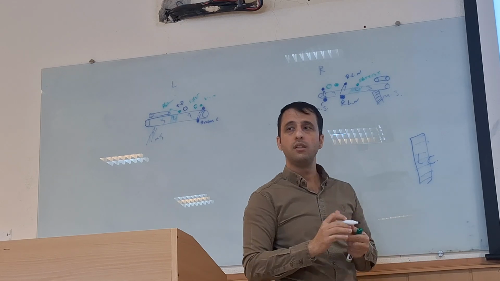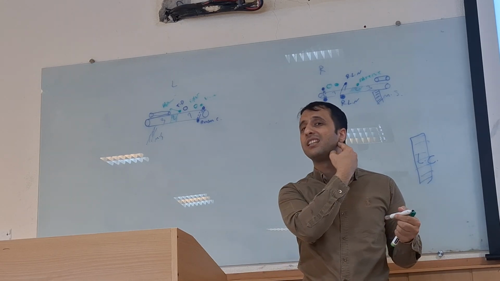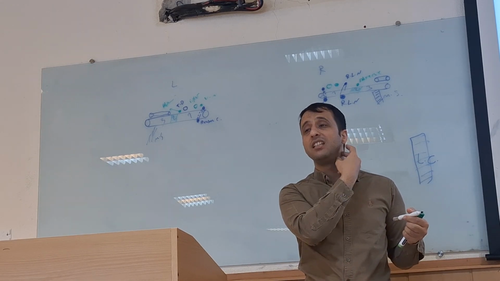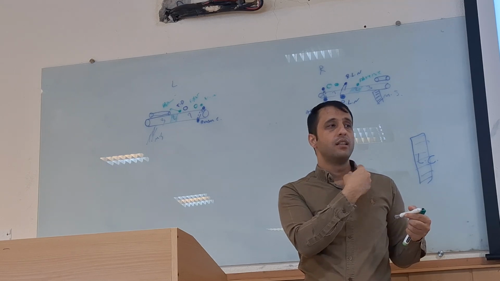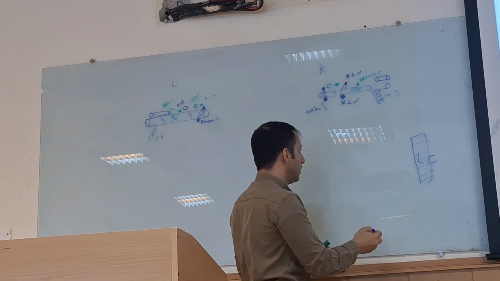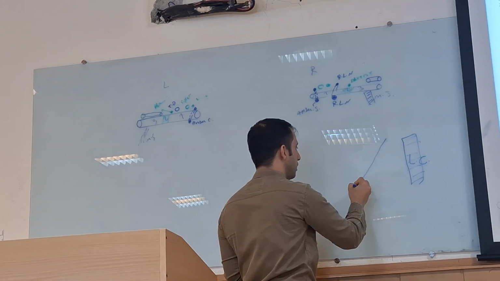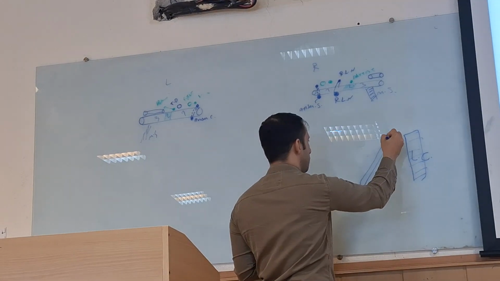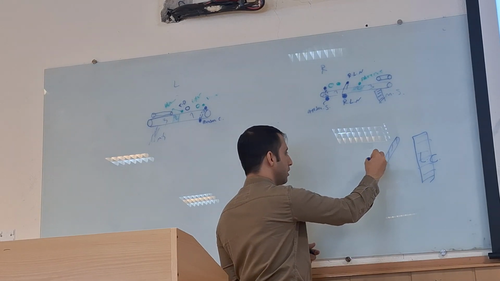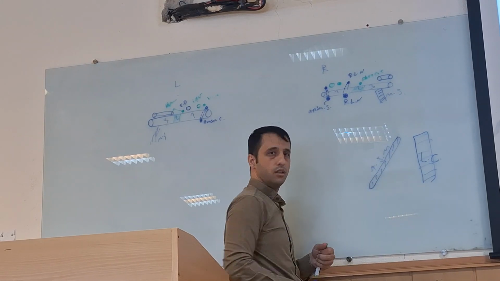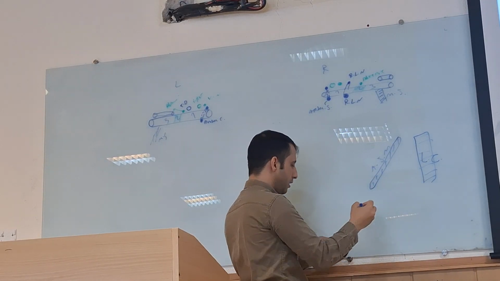What is longus coli? Longus coli is located lateral and anterior to the body of the cervical vertebra, and laterally here I have another muscle. Which muscle? Anterior scalenus muscle.